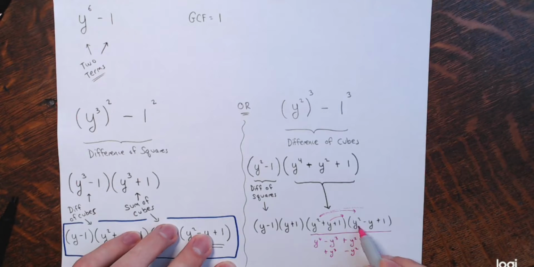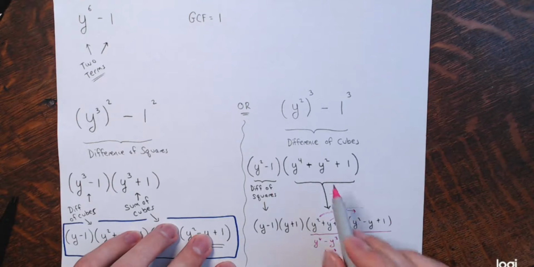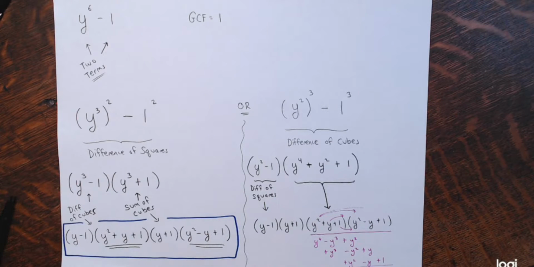And then distribute the 1, we get plus y squared, minus y, and then plus 1. And putting everything together, we'd have y to the 4th, no y cubed, we have 1y squared, no y, and then 1 itself. So indeed, that checks out, but that one, that's hard to see.